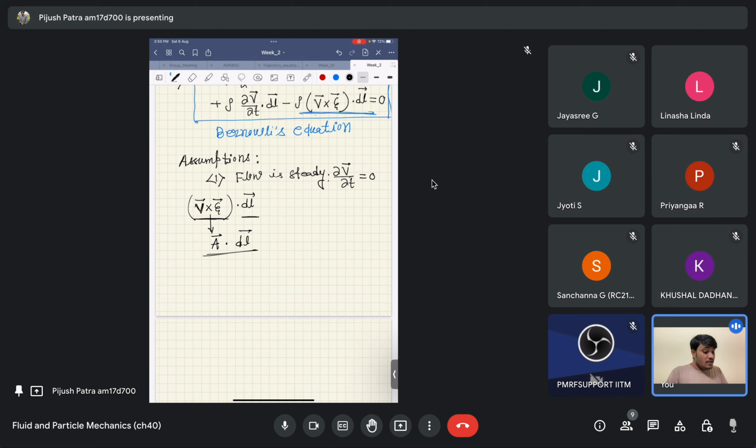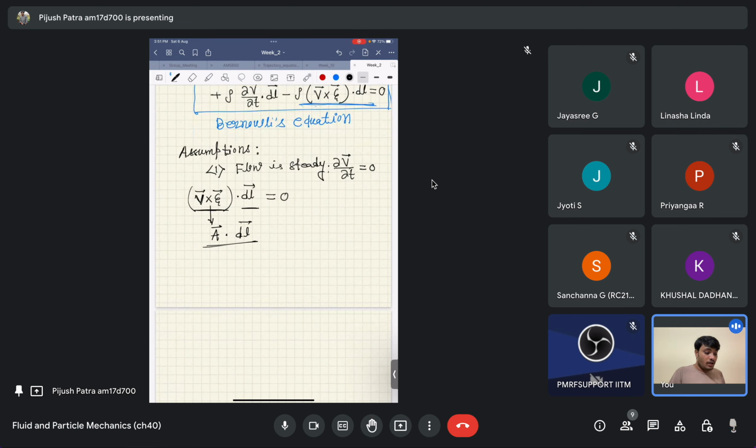So the other case is when this V vector and dl vector are parallel to each other, that means when this dl is a streamline. In that case also this entire term will be 0.